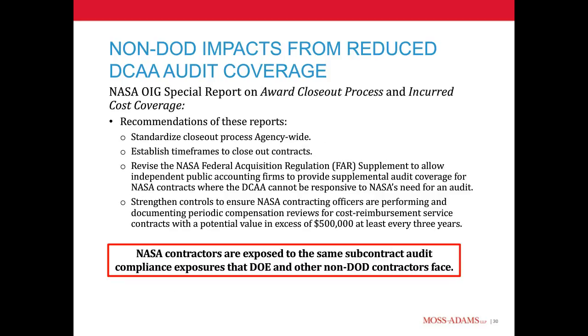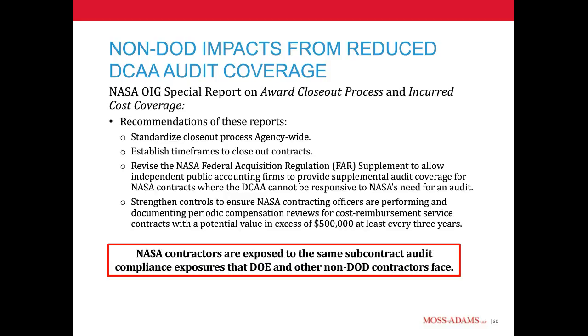So following on with analysis of those reports, the recommendations were to standardize closeout processes agency-wide, and I believe NASA is making some progress in that regard, and establishing time frames to close out contracts, and to revise the NASA Federal Acquisition Regulation Supplement to allow independent public accounting firms to provide supplemental audit coverage for NASA contracts where the DCAA cannot be responsive.